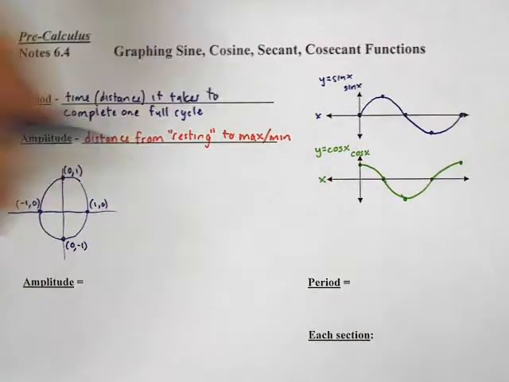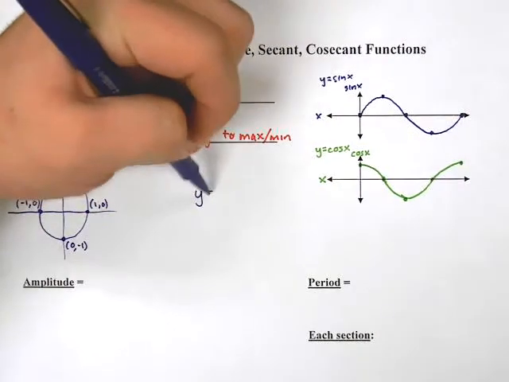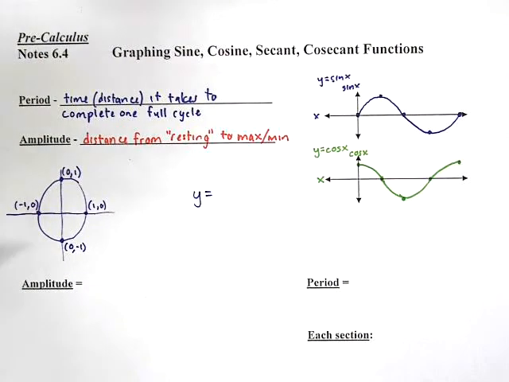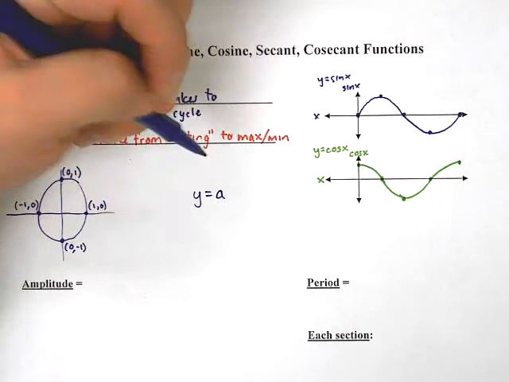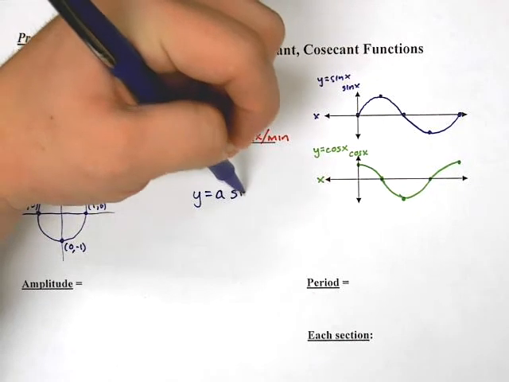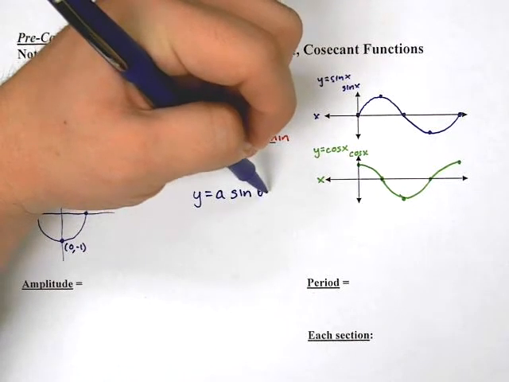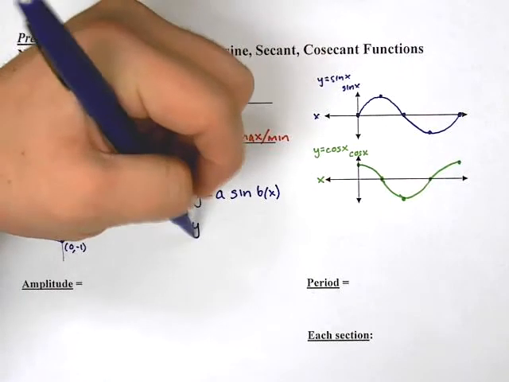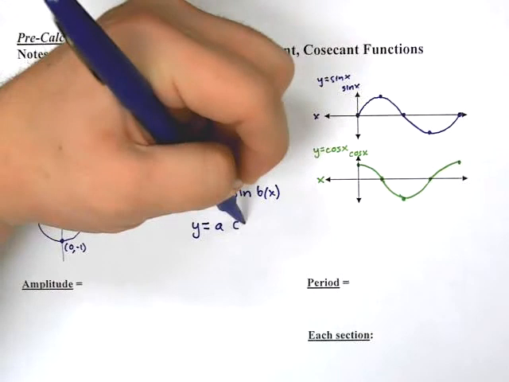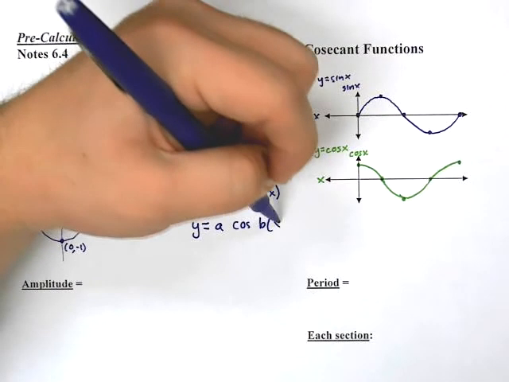What is important, though, is that we understand that we're going to be considering some transformations. And those transformations are an A transformation and a B transformation.